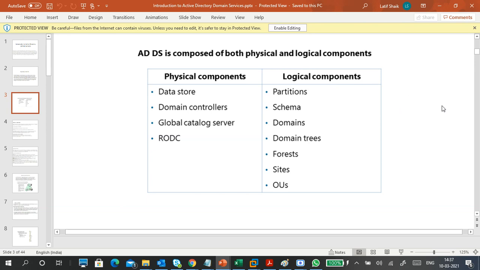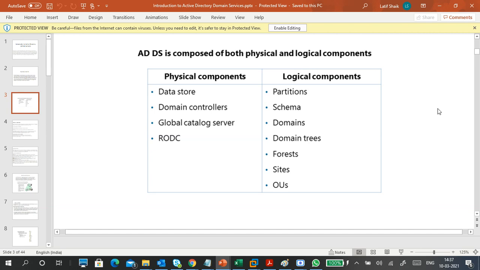Logical components means we can't see them physically. We are dividing things logically, like a hard disk. The hard disk is a physical one, but you have C drive, D drive, E drive. Those are logical drives. That is a logical component; logically it's available. It's a logical separation. We are not cutting the hard disk into pieces physically. The same thing: it's a logical partition.